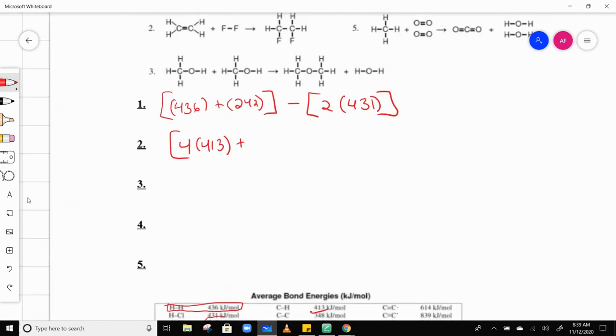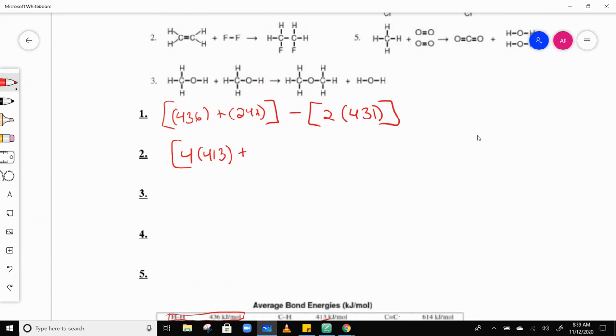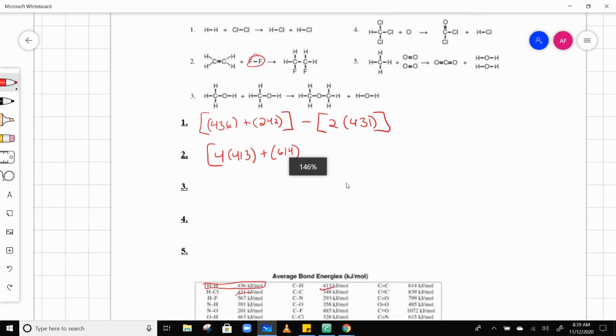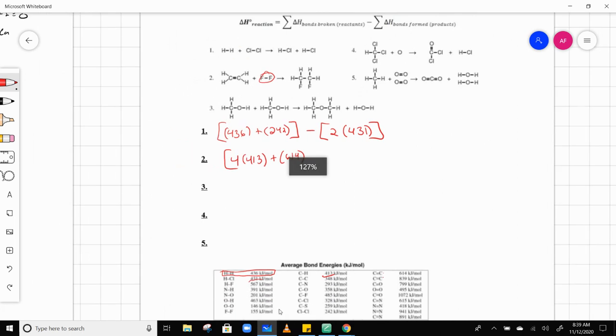Okay, and we just have one of those. Okay, and then we also have an F single bond F, which is 155. That's everything in the reactants.